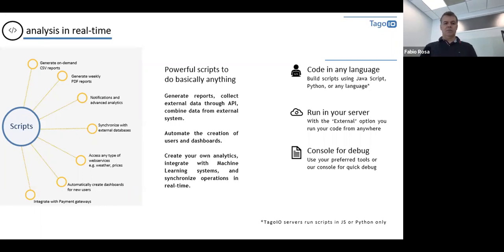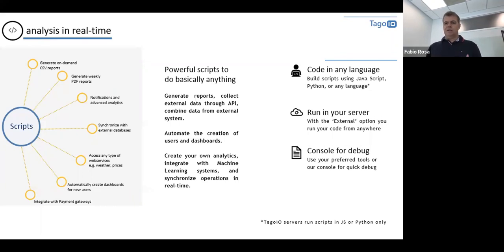Okay, so you can generate reports and synchronize with an external database. If you have any type of database externally and you need to bring the data in or send the data, let's say synchronize every day, you can do that as well. Another thing you can do is integrate your system with payment gateways.